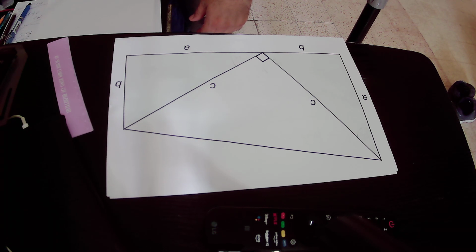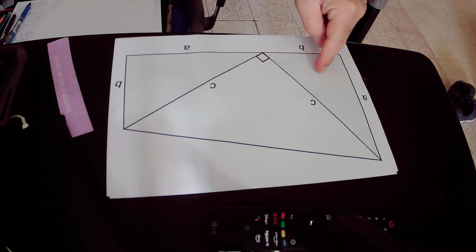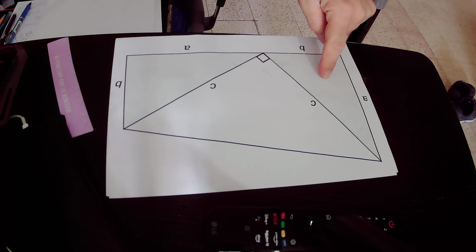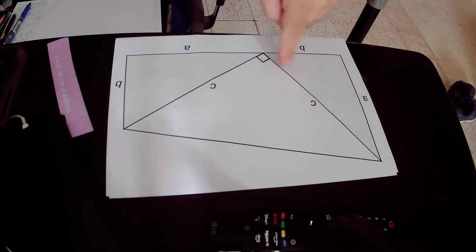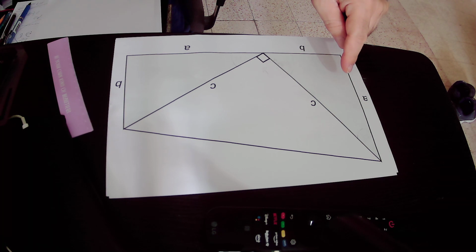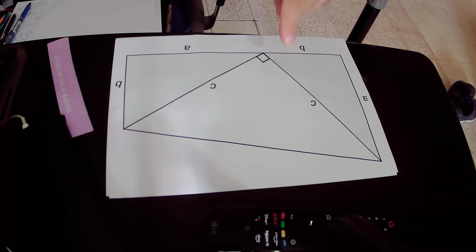The Pythagorean theorem relates to a right triangle like this triangle that has one angle that is 90 degrees, and it claims that the square of the hypotenuse, that is side C, is equal to the sum of the squares of the perpendiculars, that is a squared plus b squared, or c squared equals a squared plus b squared.